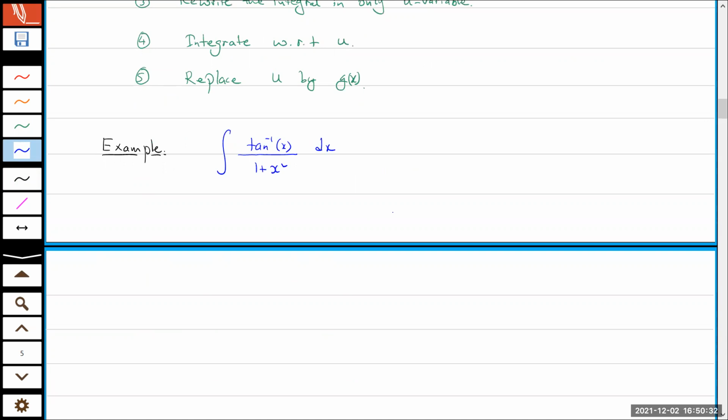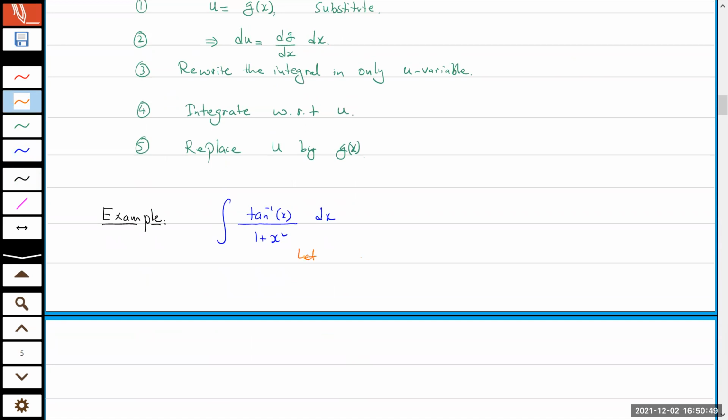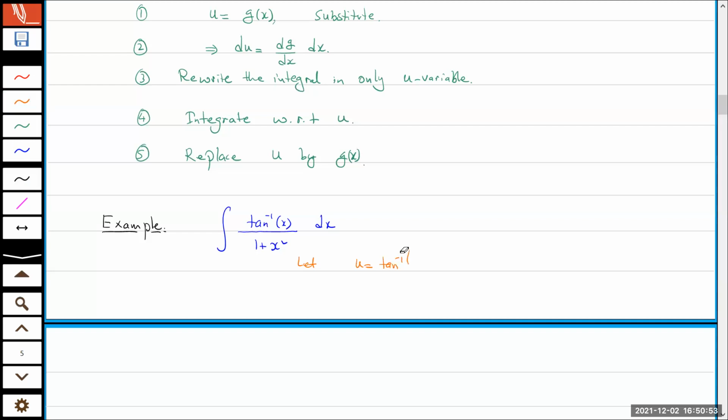We do not know the indefinite integral or the antiderivative of this directly. So now I choose a substitution. I am going to choose, and we'll talk about that in a minute. Why do we choose this? I choose u equals tan inverse of the variable x.